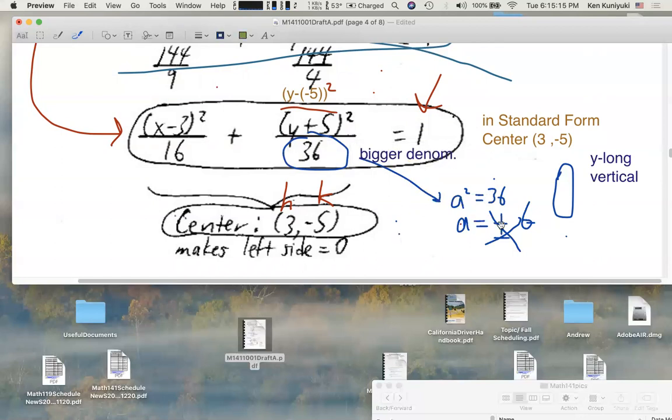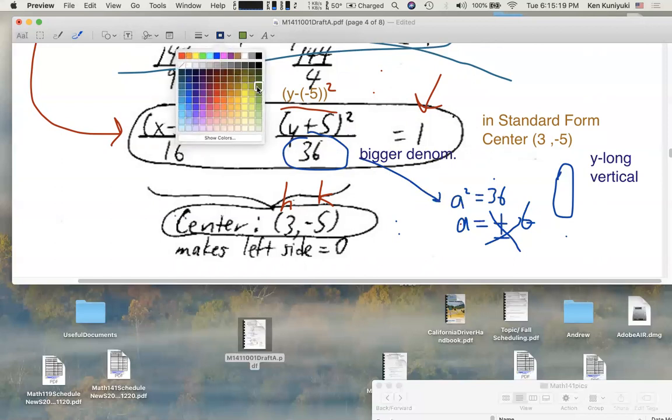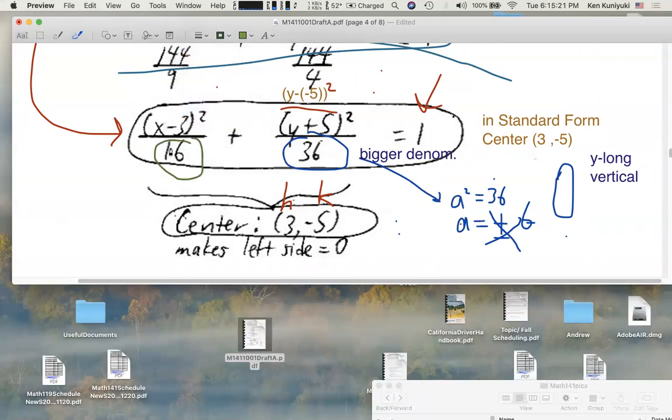A squared is 36, therefore a is 6. Over here, this is a smaller denominator, but we can still use it, right? B squared is 16. What's B? B equals plus or minus the square root of 16, or 4.